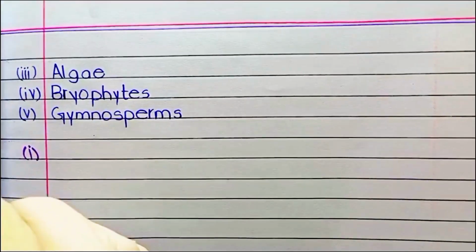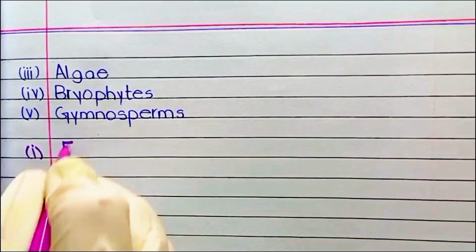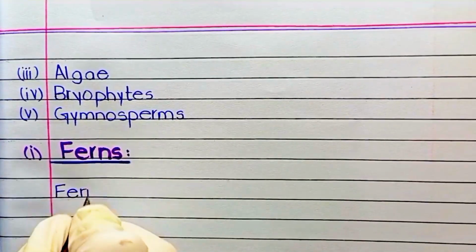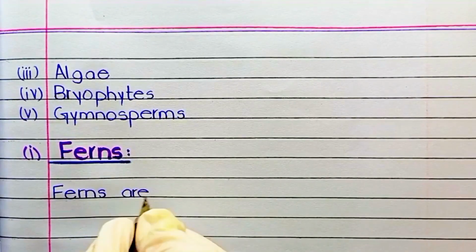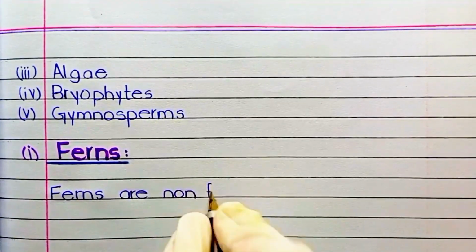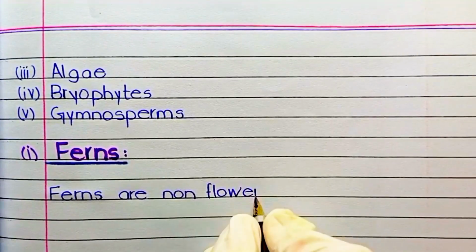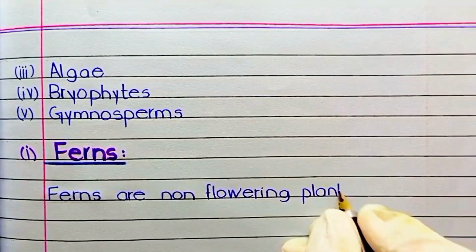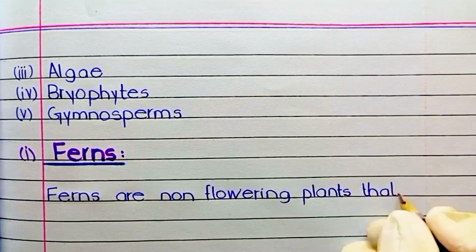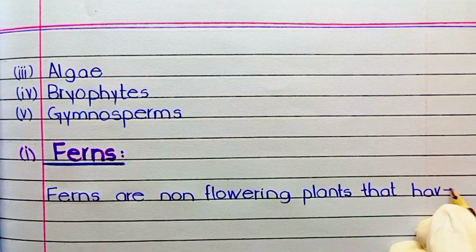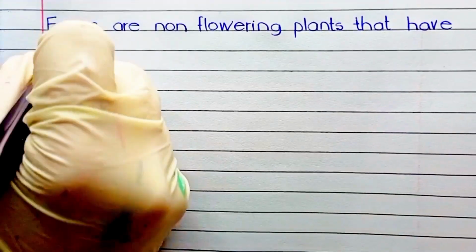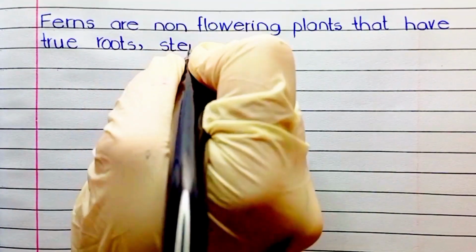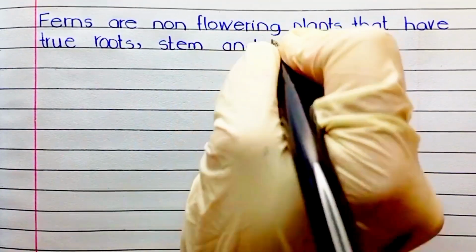Ferns. Ferns are non-flowering plants that have true roots, stem, and leaves.